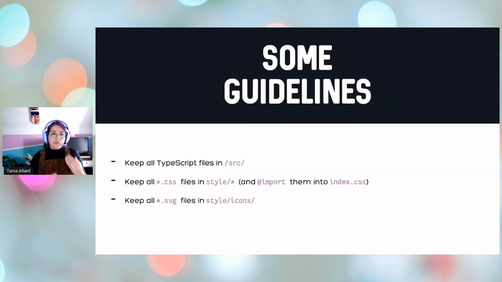And then just some guidelines, because we're working with both Python and TypeScript, and of course CSS files or Sass. Make sure that all the TypeScript files are in src. I've had problems in the past saying that something doesn't exist, or I can't add components, and that's because I forgot to put everything in src or reference where those files were.